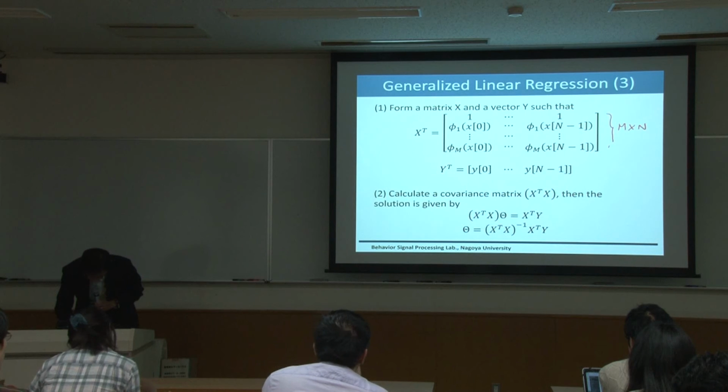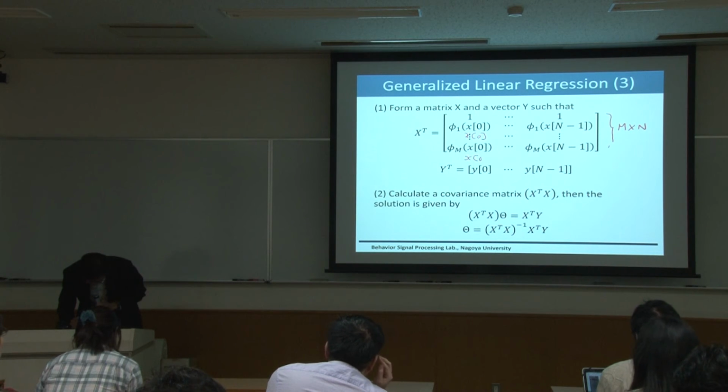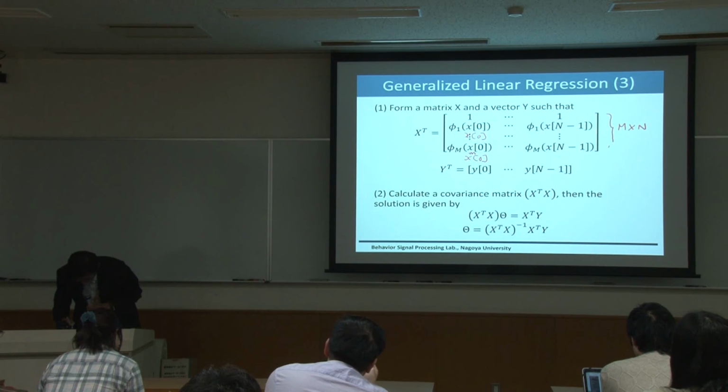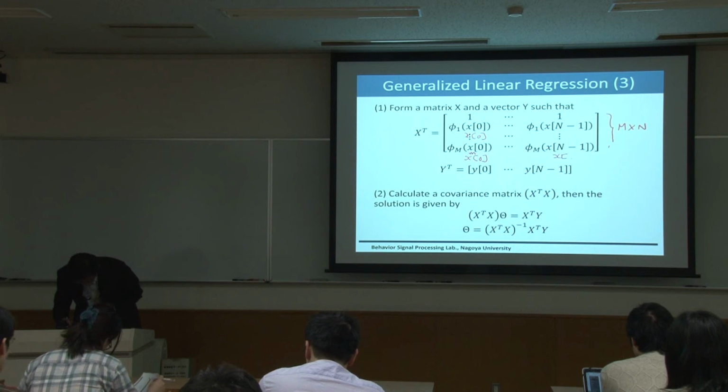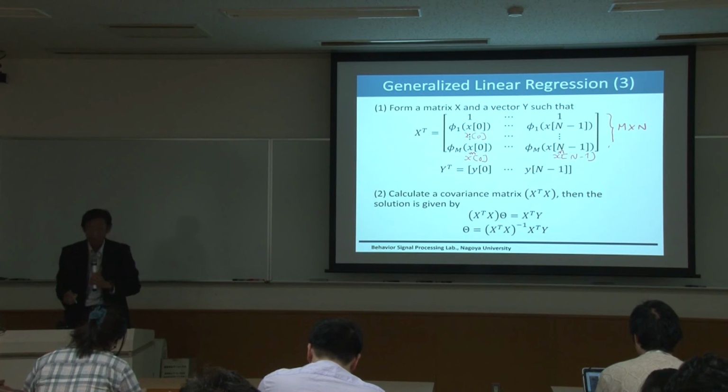So in your case, theta 1 is x0, and here you use the value x0 to the power of m, and also here is x n minus 1 to the power of m, okay?